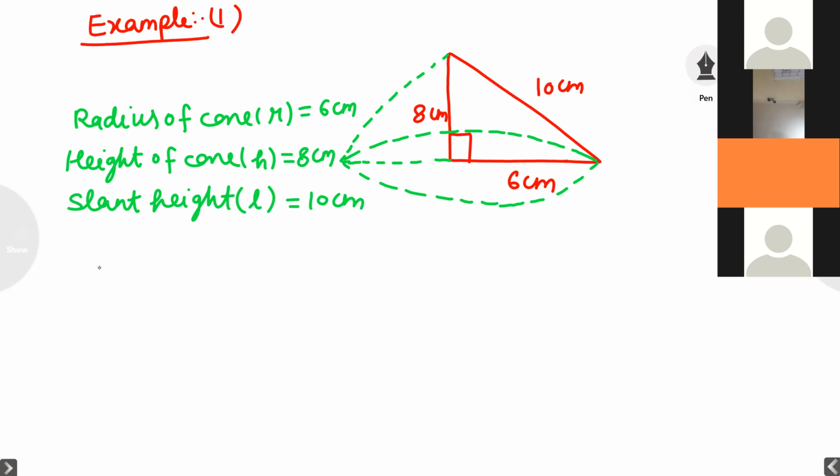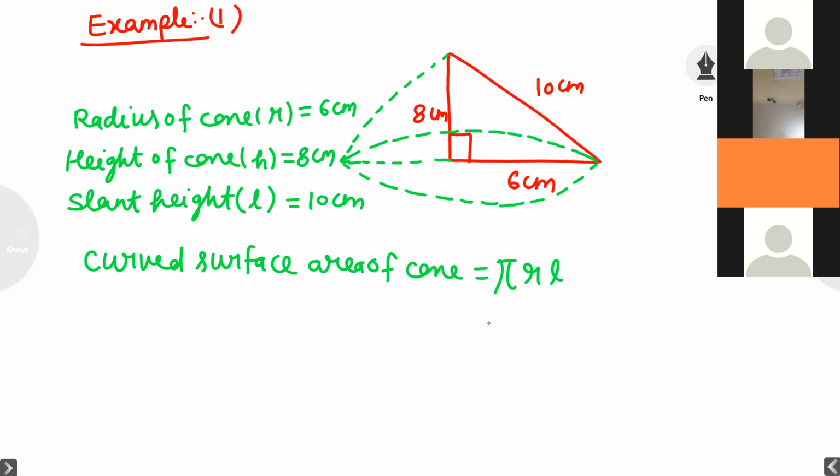Curved surface area of cone is equal to pi r l. Pi value we can take here 22 by 7 or 3.14, depends on you. 3.14 into radius, which is 6 centimeter, and slant height is 10 centimeter. 3.14 into 60.